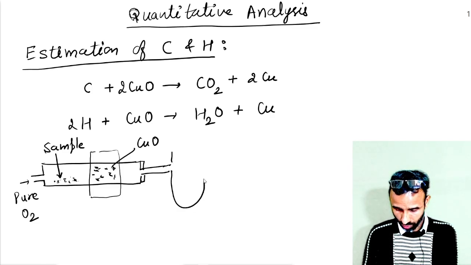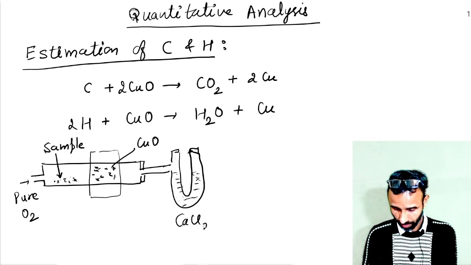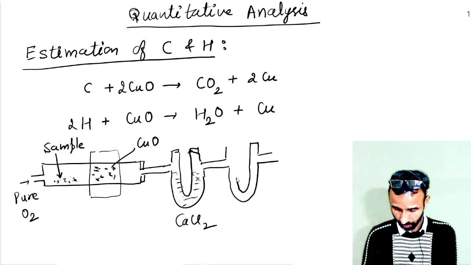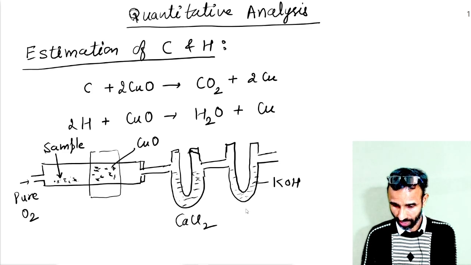And then it is attached to a U tube which is filled with calcium chloride, and the next tube contains potassium hydroxide.